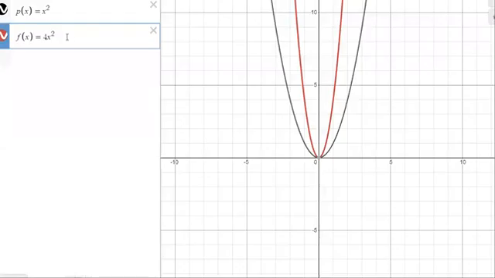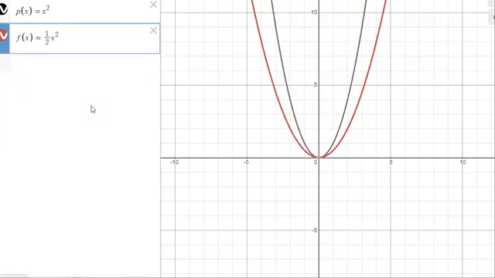Okay, so we're on Desmos, and the only thing I'm going to change is the number out in front to be 1/2. So notice the difference now. We're starting off with the black function, and then we grab that black function and we compress it vertically. We shrink it down vertically, and then we get this red function.